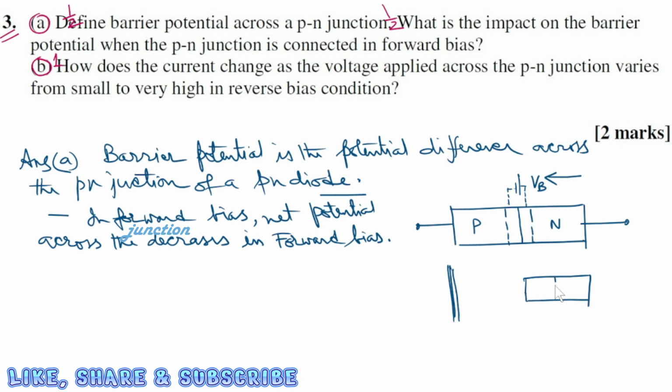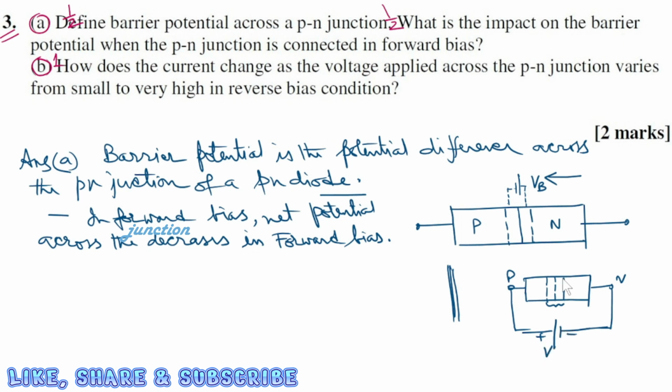This happens to be the junction and the depletion layer across it. This is the P side, this is the N side. When it is forward biased, the positive terminal is connected to the P side and the negative terminal to the N side.